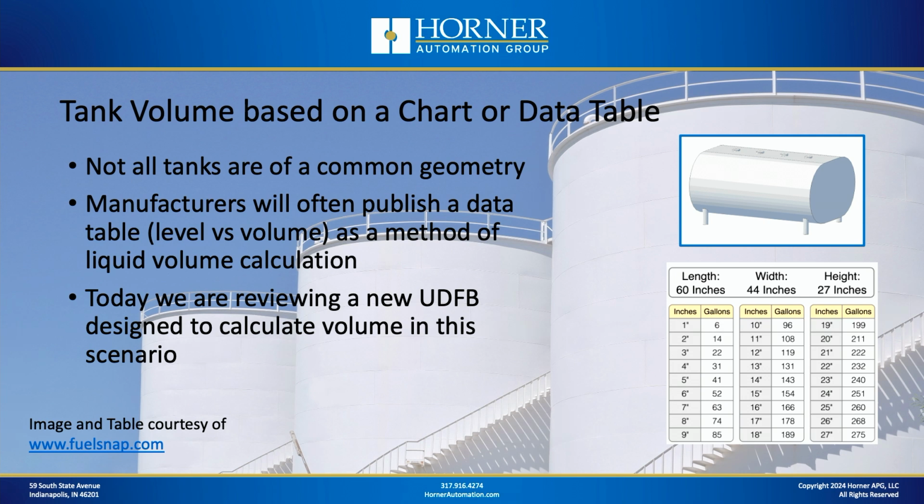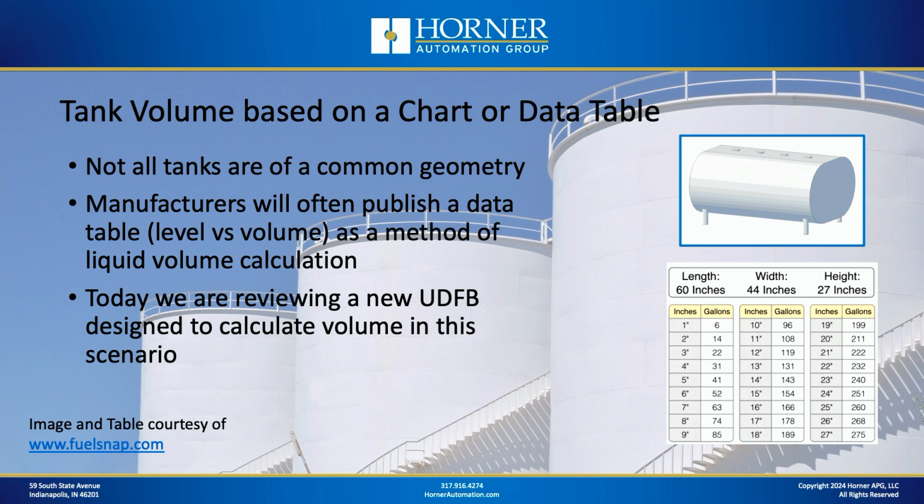And then another column is in gallons. In other words, at 1 inch, you've got 6 gallons of liquid. All the way up to the end, where at 27 inches, when the tank is full, you have 275 gallons of liquid. And you can see the corresponding levels and their volumes listed in that entire table.